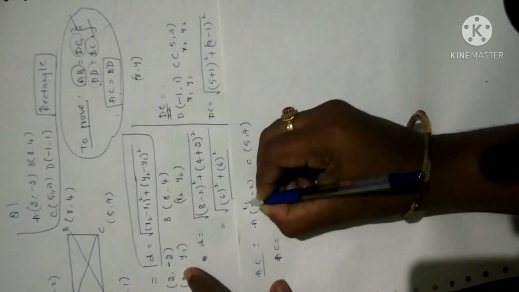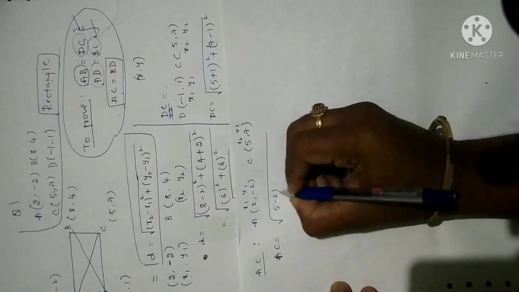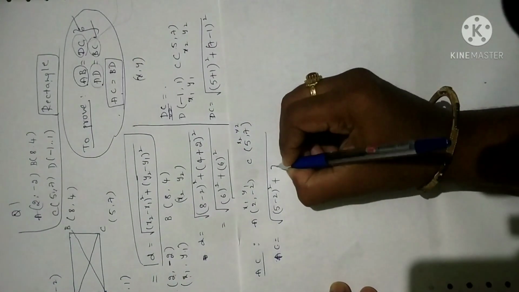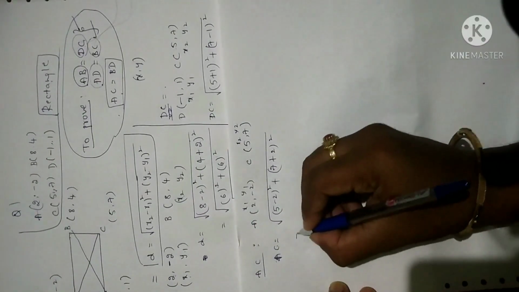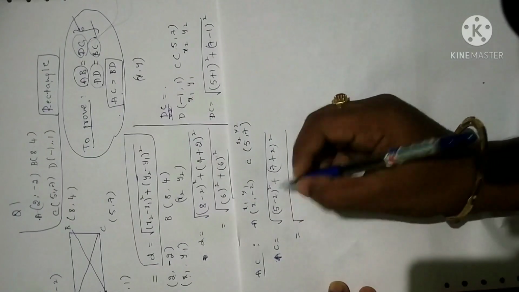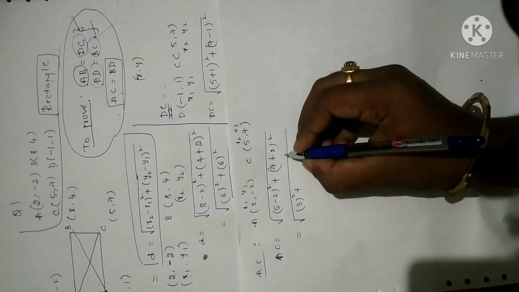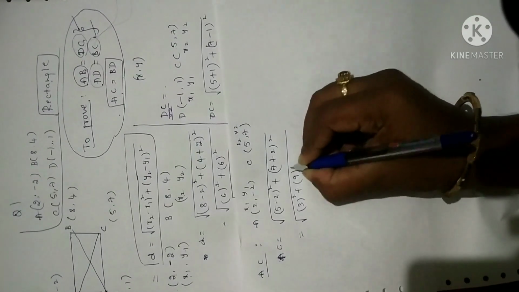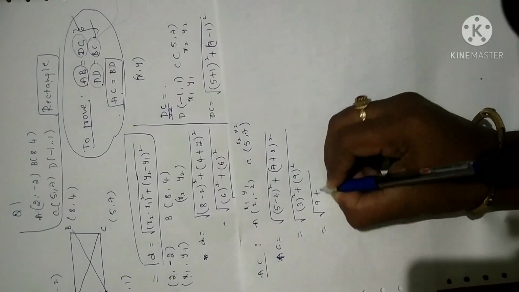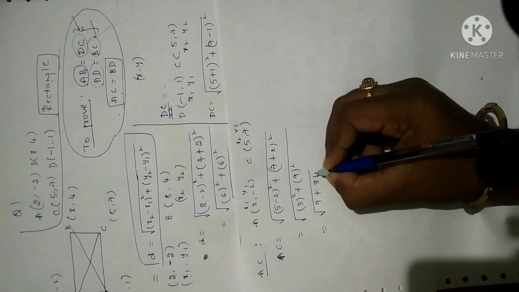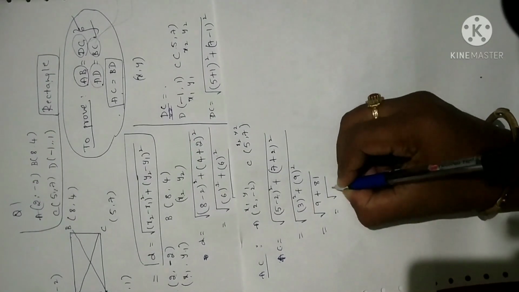Square root of x1, y1, x2, y2. x2 minus x1 whole square plus y2 minus y1 whole square, which is equal to 5 minus 2 is 3 square plus 7 plus 2 is 9 square. You are going to get 9 plus 81 is 90.